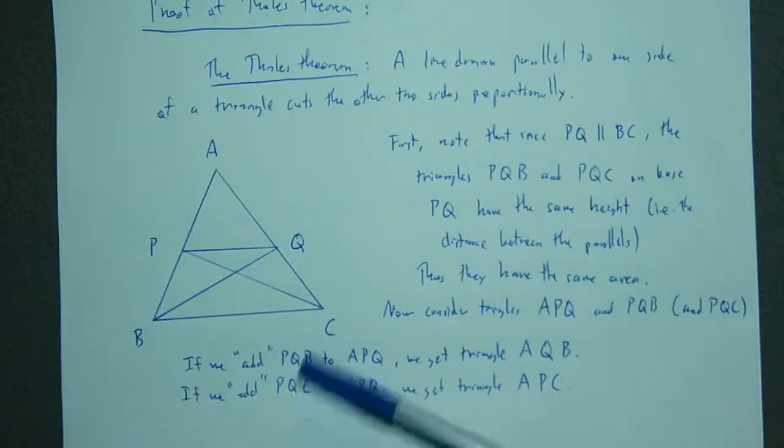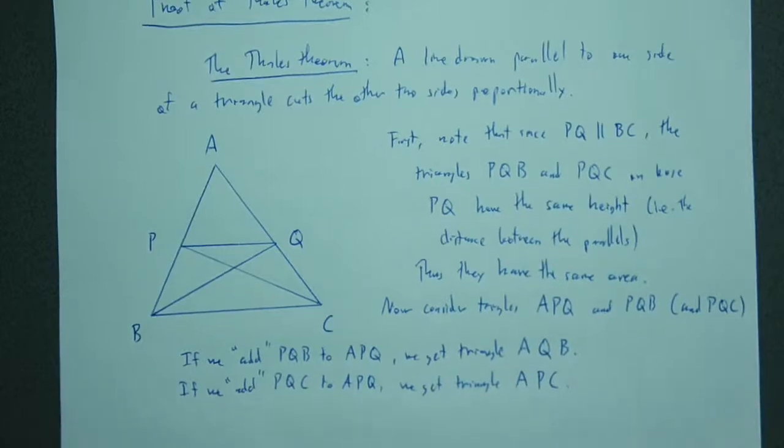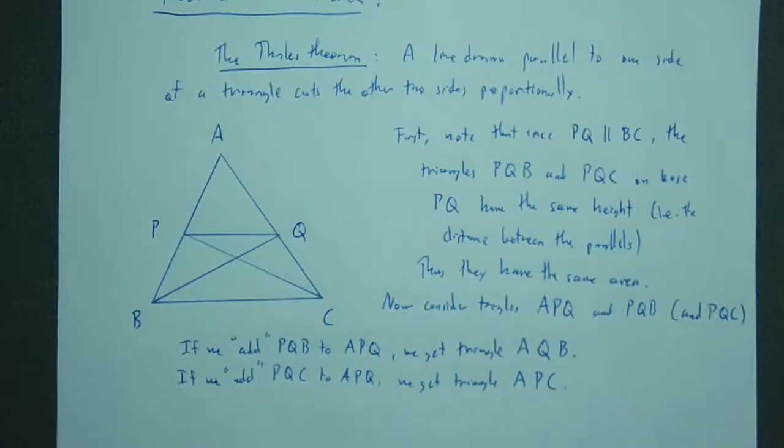So we're adding two areas that are equal to APQ. It's equal to itself. Okay. And what we get are two different triangles, AQB and APC. But those two different triangles then have to actually have the same area because we've gotten those areas by adding equals to equals. Okay.